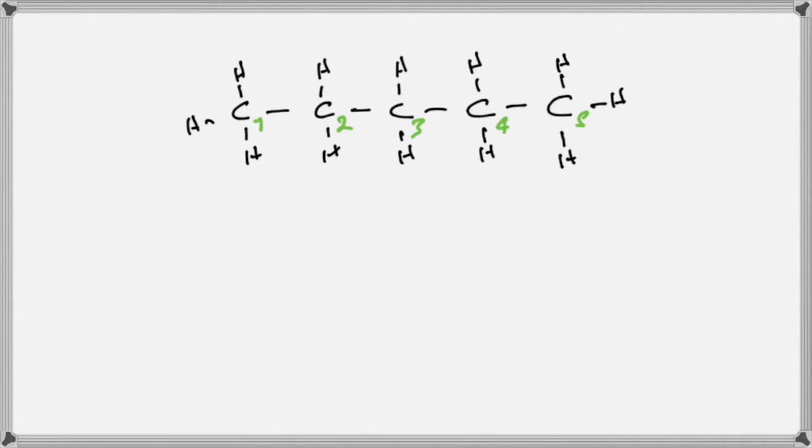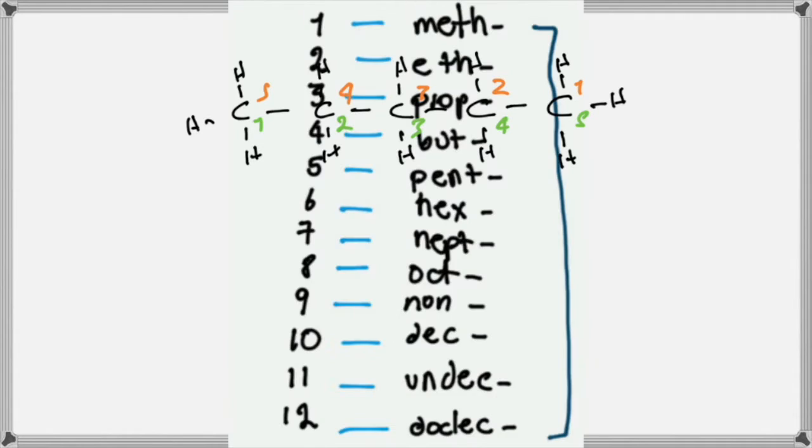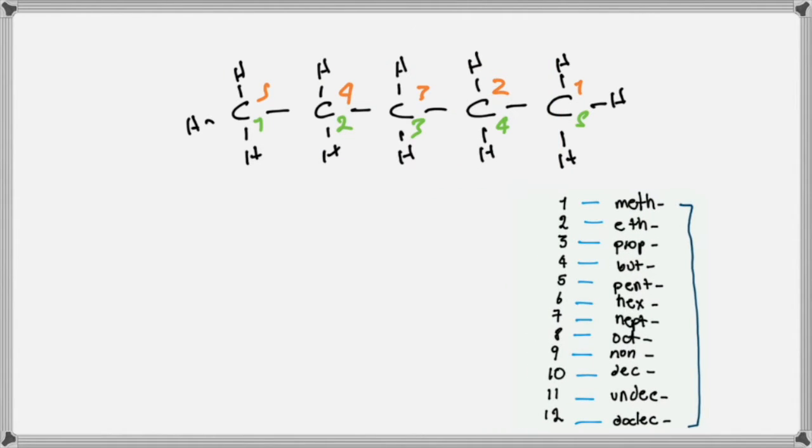We should go ahead and number it from left to right and also from right to left. So let's do it the other way around with other colors so we can distinguish the difference. Okay, let's do 1, 2, 3, 4, 5. So what will be the name of this compound? In any other way, it's gonna be the same chain, so we don't care about that, but we will eventually. As we have our table here, we can take it and paste it right here.